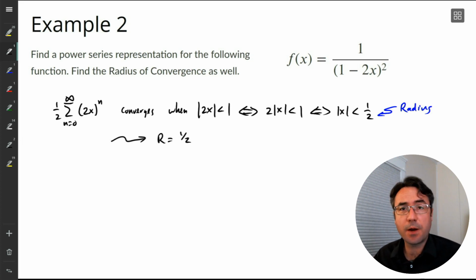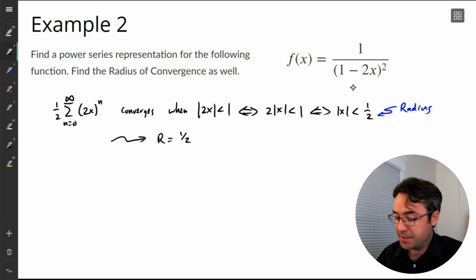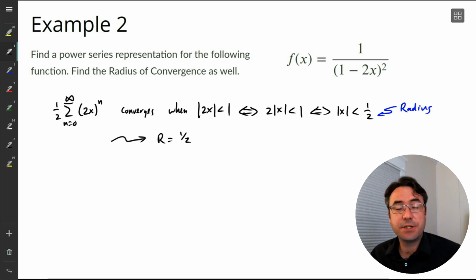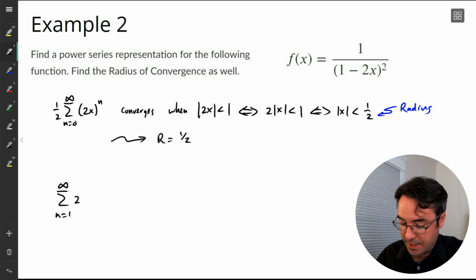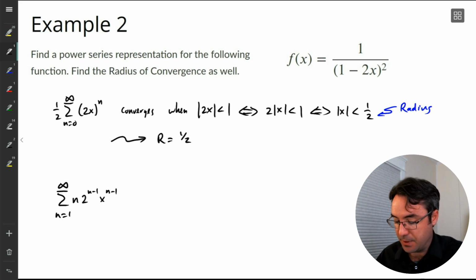So what that means for our purposes is the power series that we're actually interested in, which was the sum from n equals 1 to infinity of 2 raised to the n times 2 raised to the n minus 1 times x raised to the n minus 1.